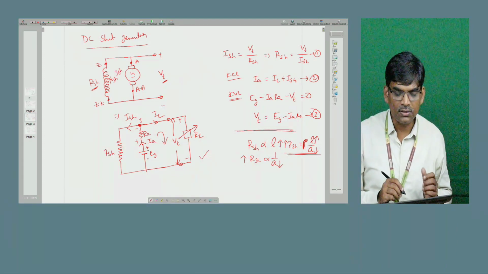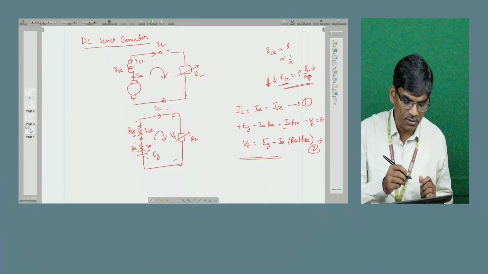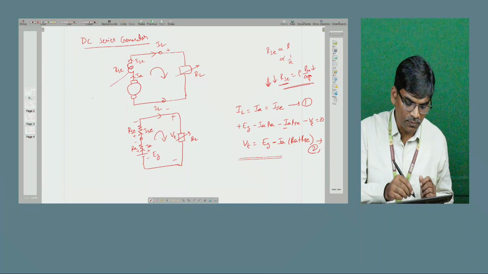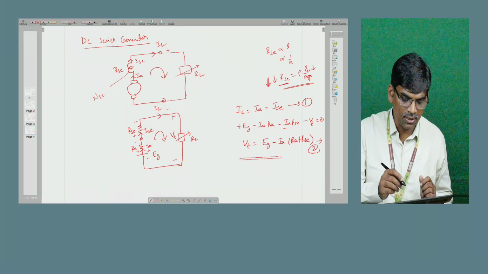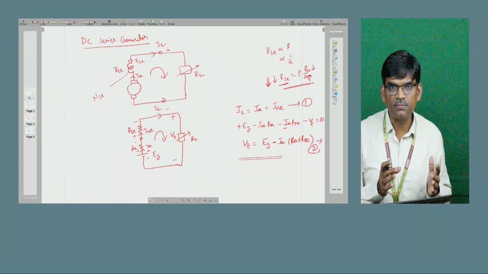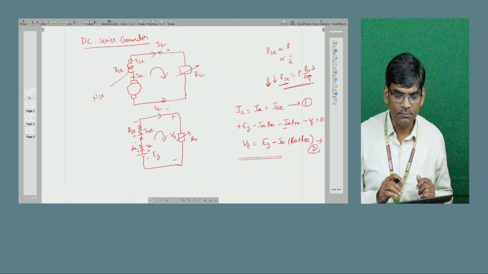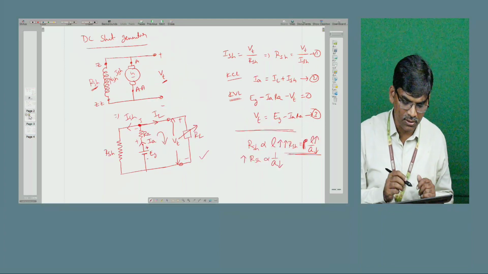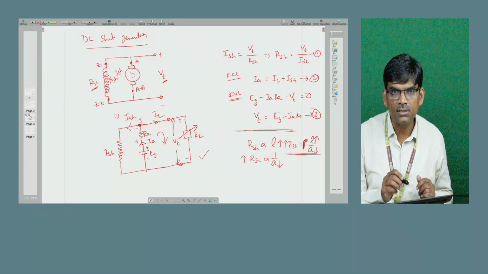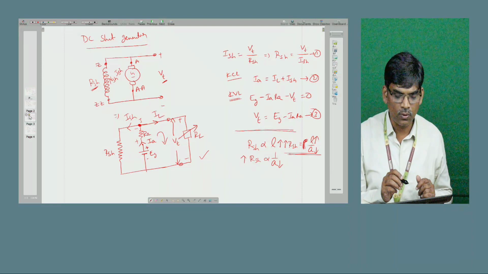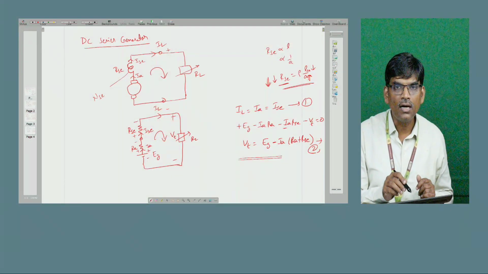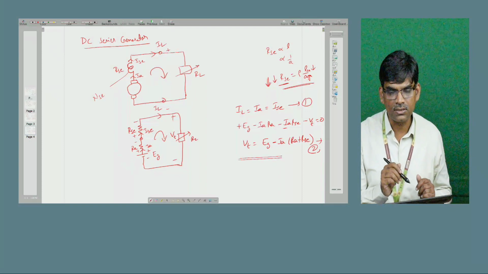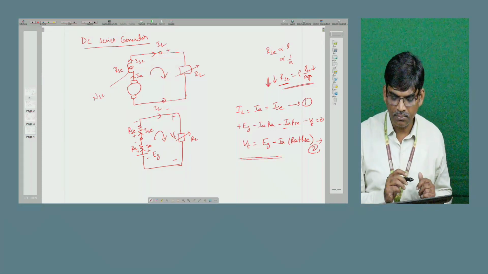Generally it gives the same flux. Like this, the series field winding has some turns NSC and current ISC, so it may set up the same flux for the same rating. But the shunt field winding carries low current because it has a low cross-sectional area and more turns. It offers more resistance. The series field winding has very low resistance, and it also sets up the flux.